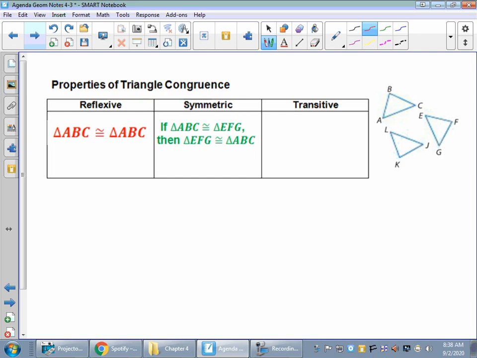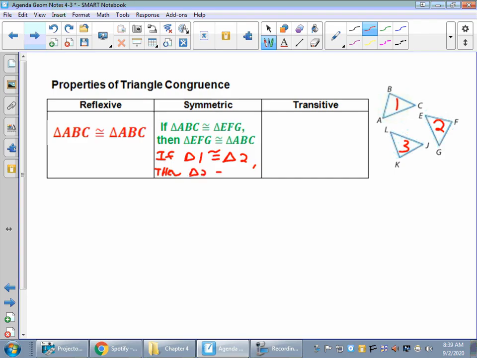That might be easier if we give these a label, like say this is triangle 1, triangle 2, and let's use this one as triangle 3. All those letters sometimes can be confusing. If I just said, if triangle 1 is congruent to triangle 2, then the opposite way, symmetrically, would be the same thing.